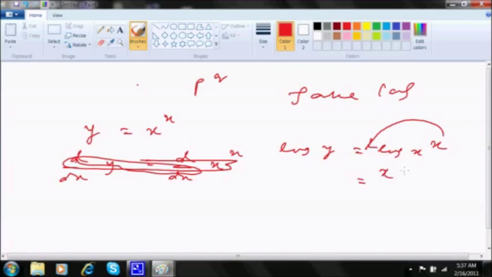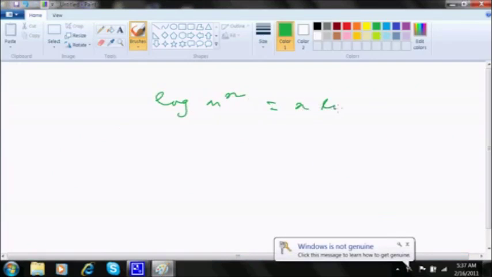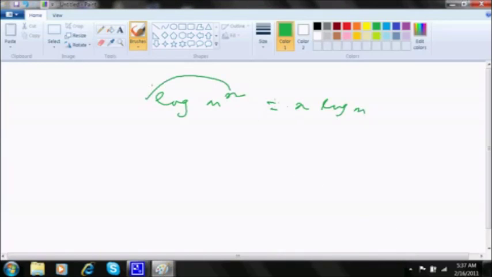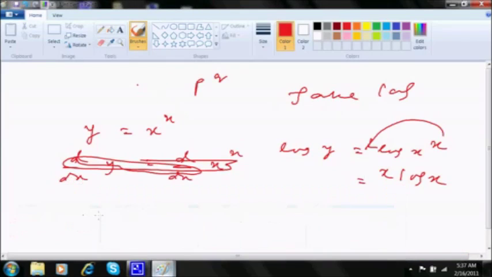The formula behind this is log of m to the power n is n log m, or in other words, the power gets attached on the left-hand side. So I am getting log y is x log x.